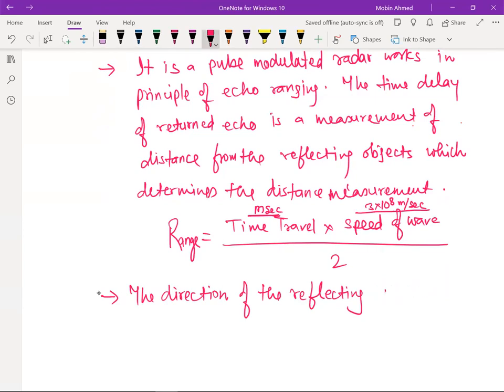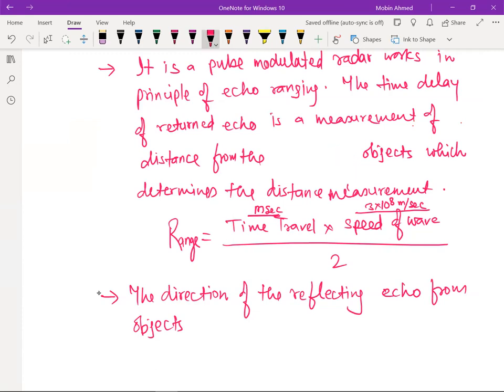Reflecting objects we should not write. Reflecting, we should write the direction of the reflecting echo from objects. Okay, here also you need to change from the reflect distance from the objects.